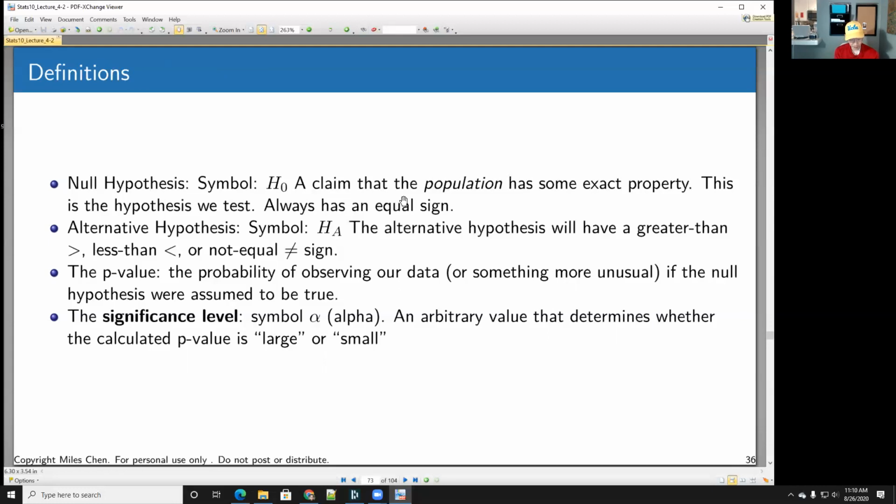For that, we have to draw an arbitrary line. We draw an arbitrary line that we call alpha. It's called our significance level. That's the value that we use to decide whether the calculated p-value is large or small. It is an arbitrary value. It's something that we just choose.